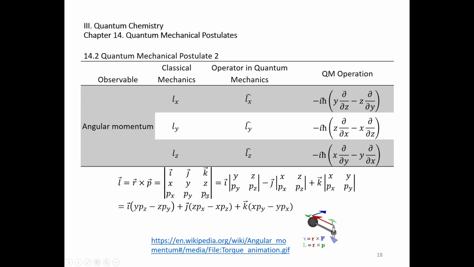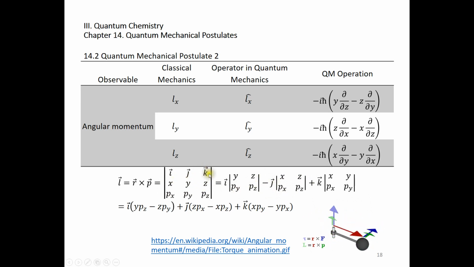And there's a way to decompose a 3x3 determinant into three 2x2 determinants like this. So you have this i multiplied by this 2x2 determinant here, and then j multiplied by this determinant xz, px, pz. But you also need to remember to put a negative sign here.